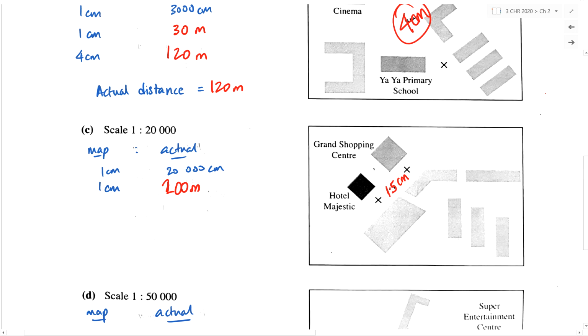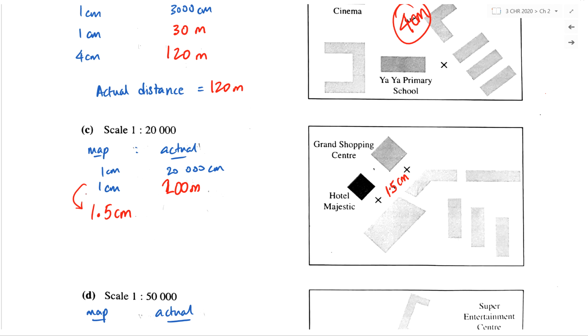It's a representation. And on the map now we've got 1.5 cm. What then is the actual distance in real life? So we draw the arrows again. What did we do to get from 1 cm to 1.5 cm? What did we multiply by? Multiply by 1.5.